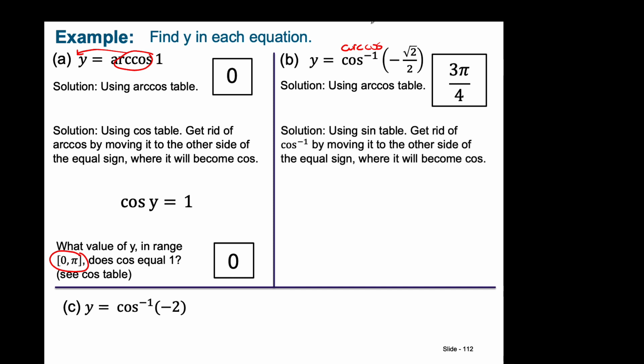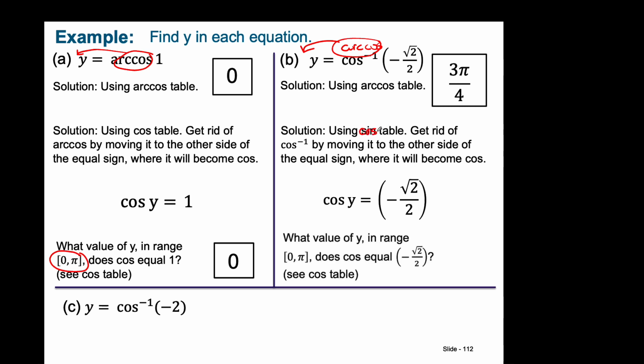Or we can use the cosine table by manipulating our function, moving inverse cosine using its inverse operation. It becomes cosine of y is equal to negative radical 2 over 2. Looking at the cosine table, make sure you're only looking for y values in the range 0 to pi, and you will find that that is equal to 3 pi over 4.